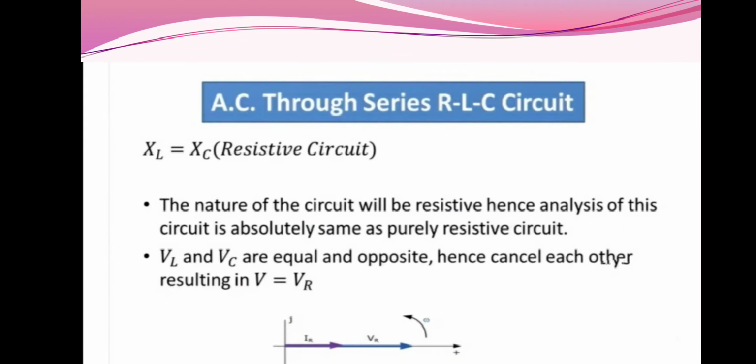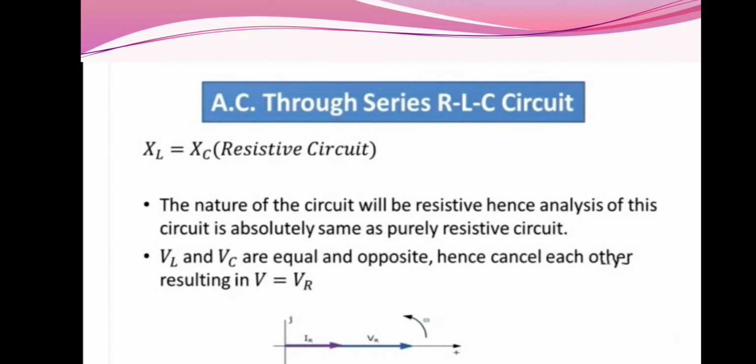And last condition, XL equal to XC, inductive reactance equal to capacitive reactance. When both are equal, that is VL equal to VC, both will get cancelled. So the resultant is like a resistive circuit phasor diagram, means both voltage and current are in phase. VL and VC will get cancelled.